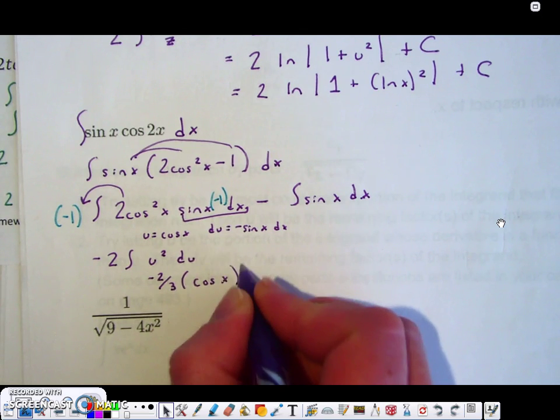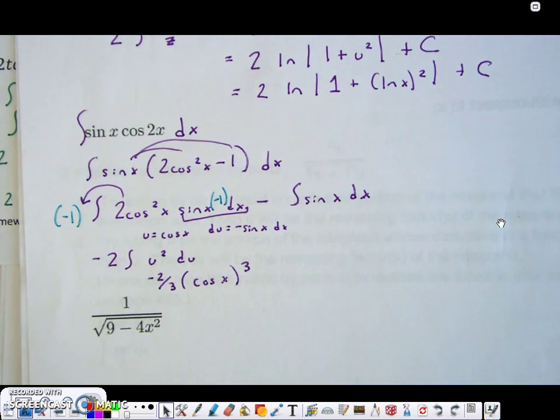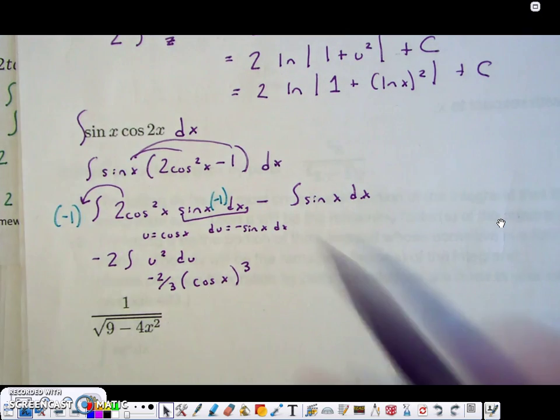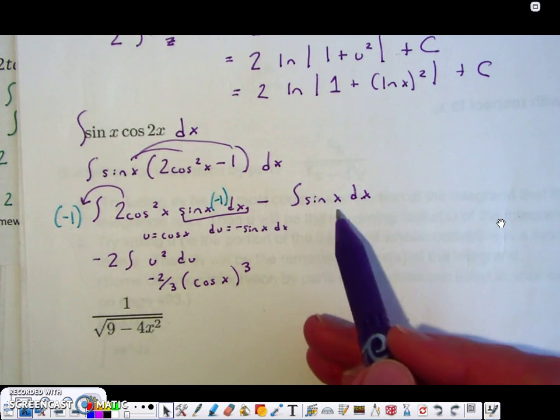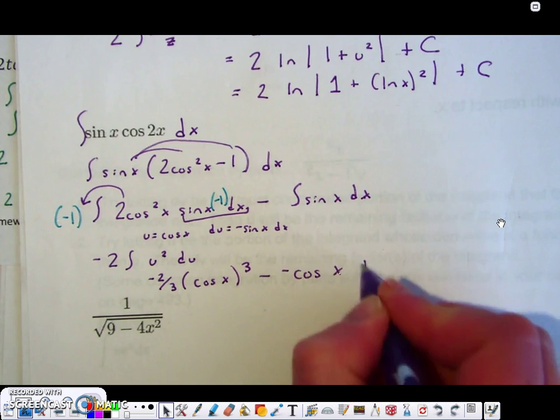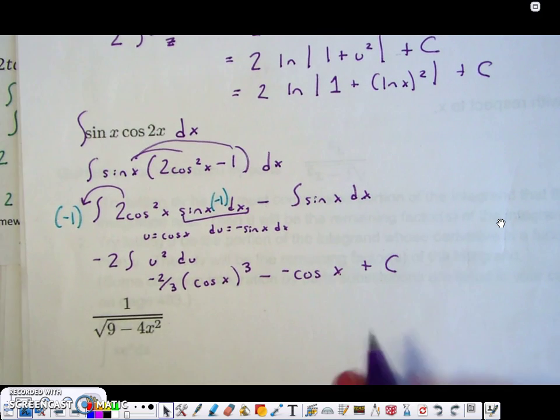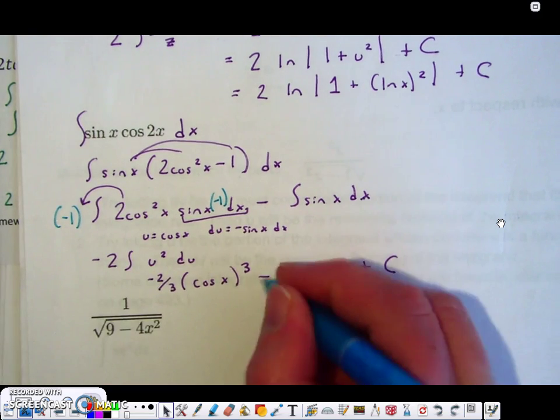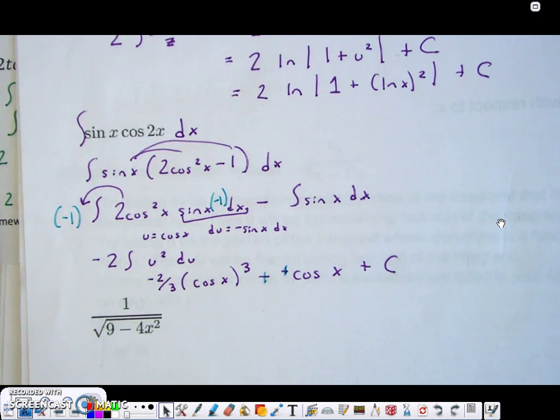I'm going to go ahead and put in what u is. And then what is the integral of sine? Negative cosine. So I've got minus a negative cosine x plus c. So you can just go ahead and change that to a positive cosine x plus c.